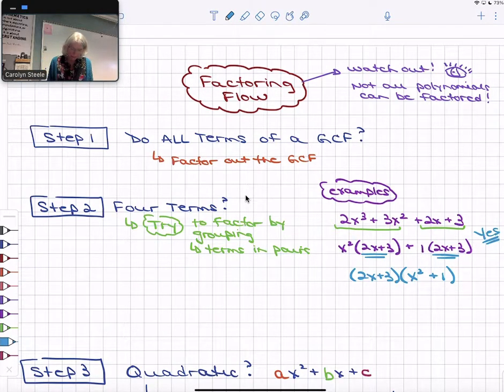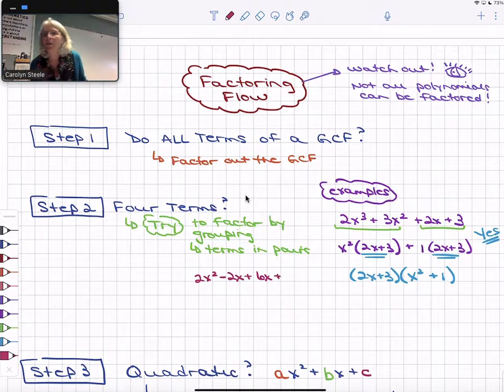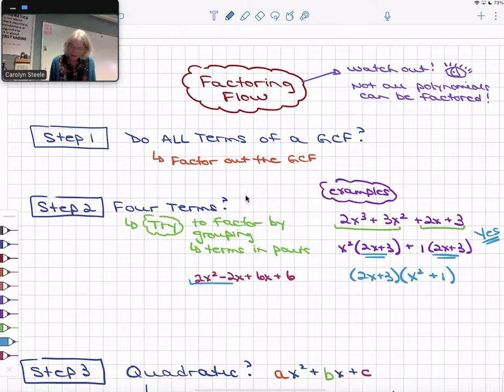And I'm factored. So there's a polynomial that, yes, can be factored by grouping. Let's look at a second example. Let's do 2x^2 - 2x + 6x + 6. Again, I'm going to put them in pairs. For my first pair, my GCF is 2x.